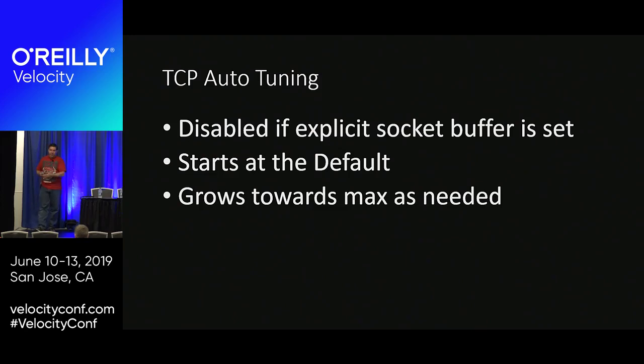Let auto-tuning do its thing, but then you also have to watch out for what your default and your max is, when you're looking at what clients you talk to and what backends you talk to, and make sure your maximum buffers can absorb your backend latencies and the bandwidth you need to talk to whatever your backends are.